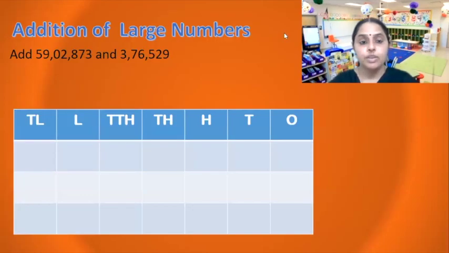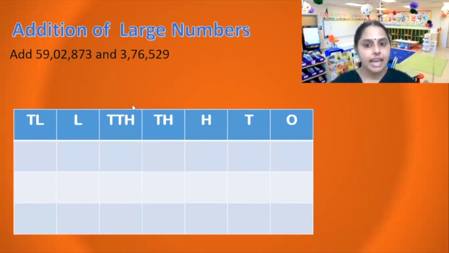Now let us take one example of large numbers. Let us read both the numbers. We have to add 59 lakhs 2,873 and 3,76,529.